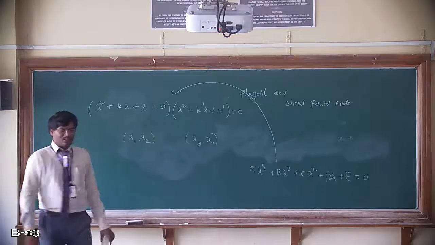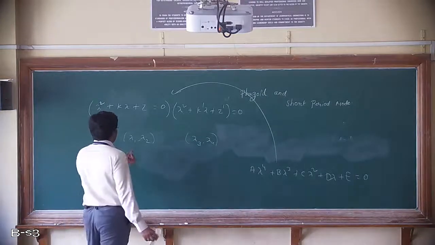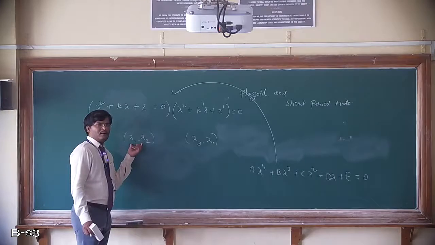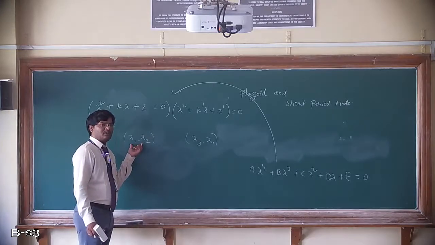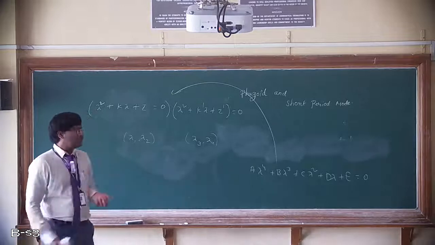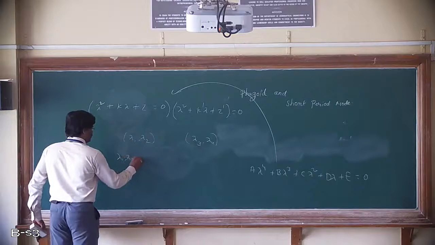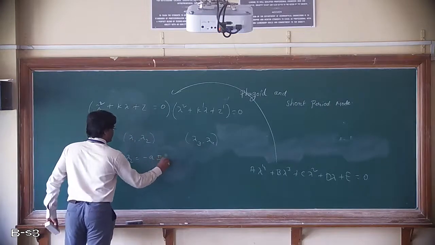If you want more clarity about this, go to our previous lectures, where we discussed it. For lambda 1, lambda 2 and lambda 3, lambda 4, what did they observe? For longitudinal motions, these roots are complex conjugate numbers.